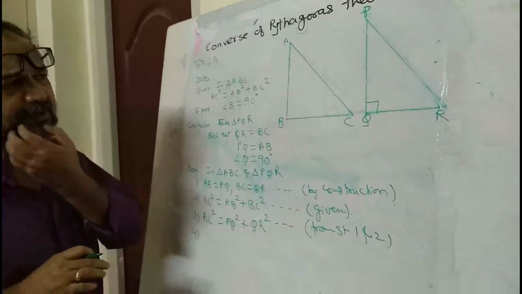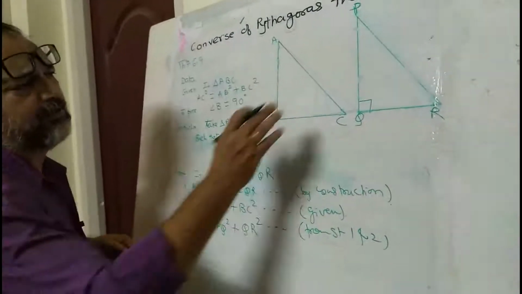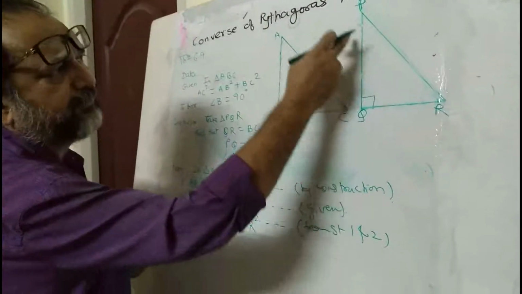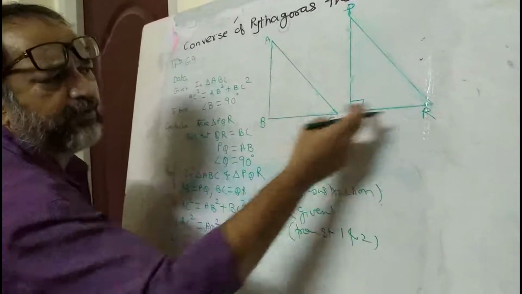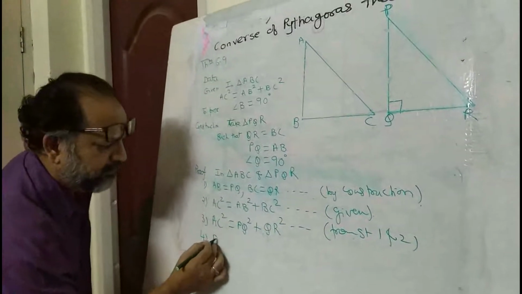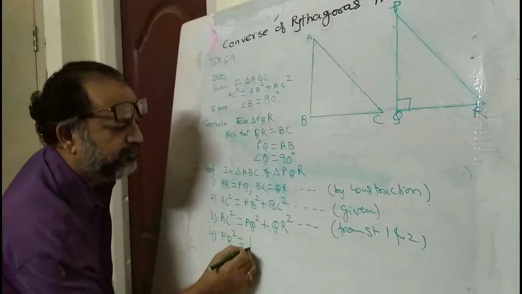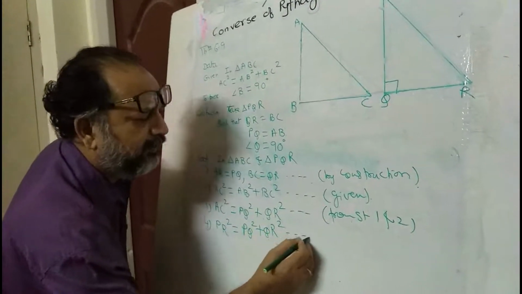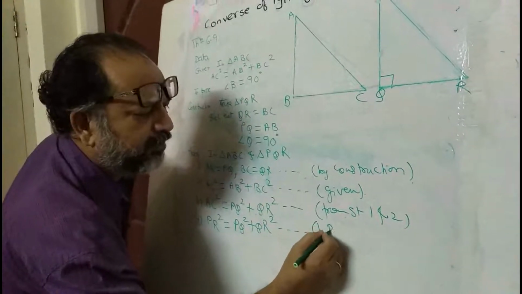So what is the Pythagoras theorem which we can apply here? We can say that PR square is equal to PQ square plus QR square by Pythagoras theorem.